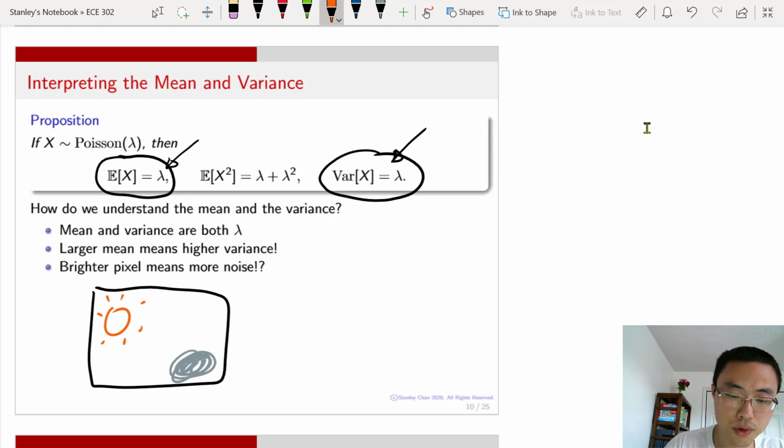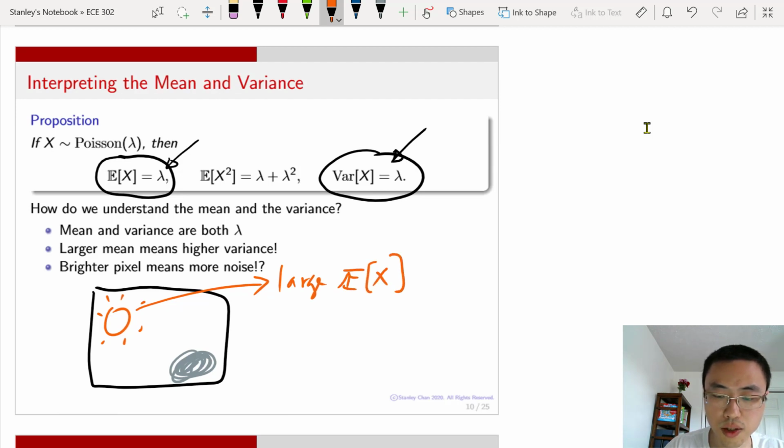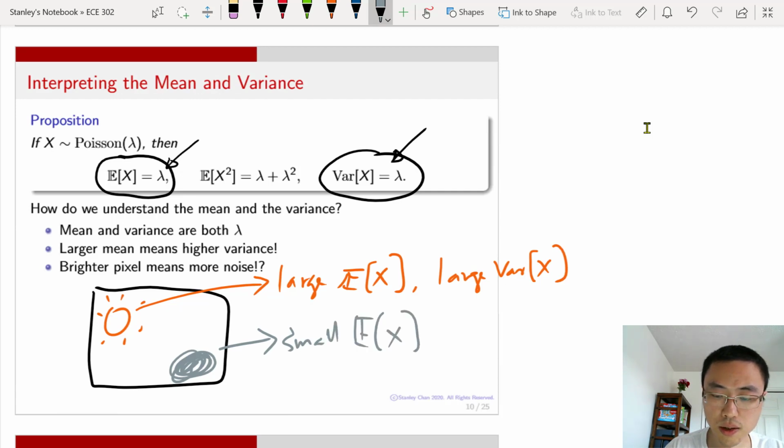When you take a picture, here it will give you a large expectation, a large mean, but also a large variance. And here you have a small mean, and then you have a small variance.